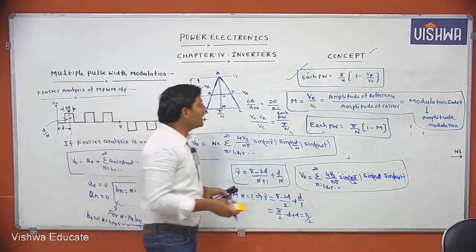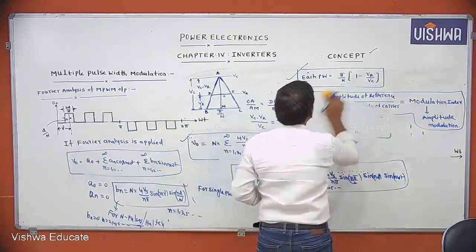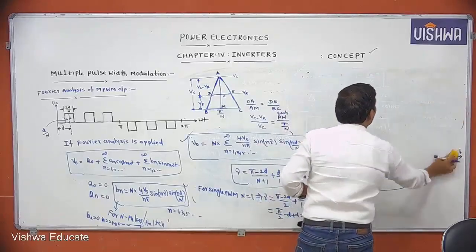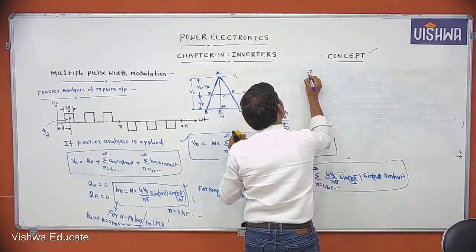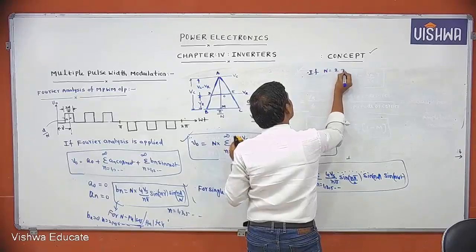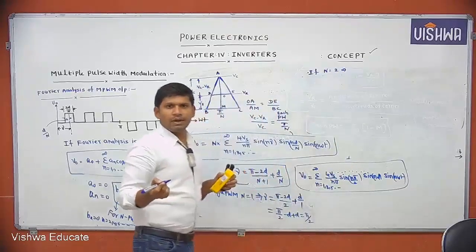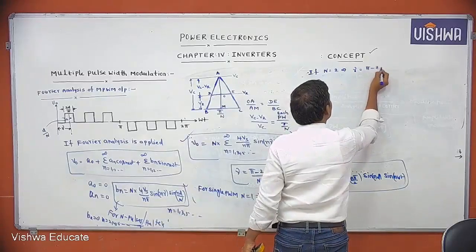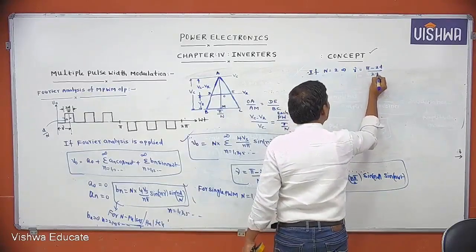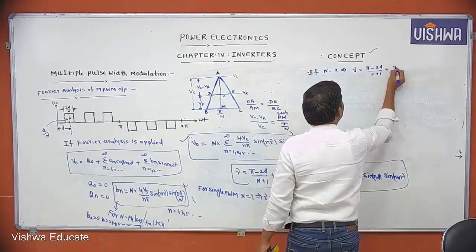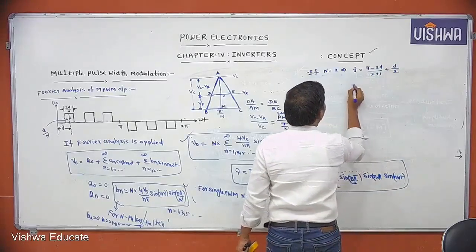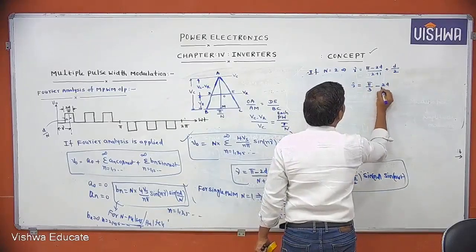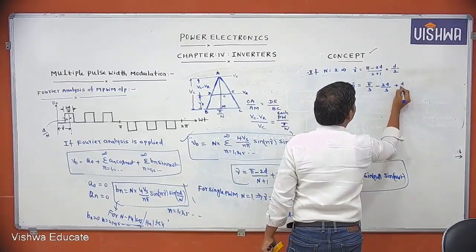Then for example, you want to write the formula for 2 pulses, for the 2 pulse width modulation technique. If n equal to 2, what is the formula you can get? If n equal to 2, you can substitute. What is the gamma you can get, you tell me? Gamma equal to pi minus 2d by 2 plus 1 plus d by 2. So gamma equal to pi by 3 minus 2d by 3 plus d by 2.